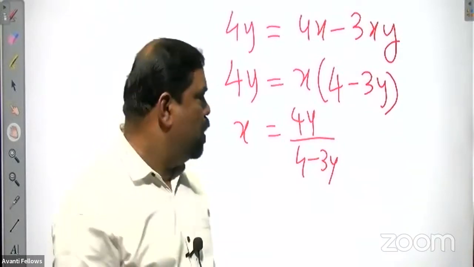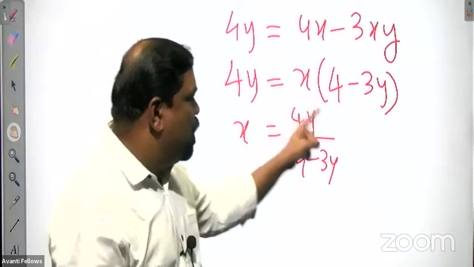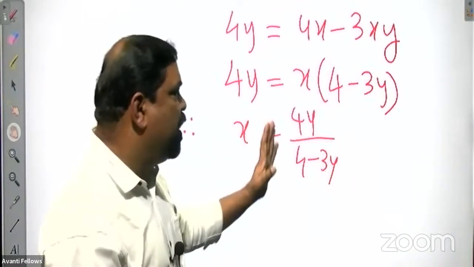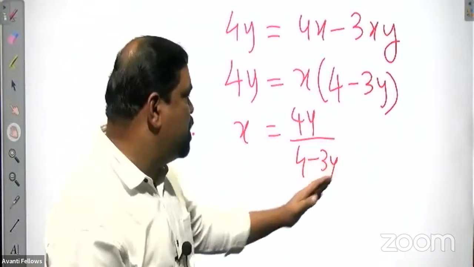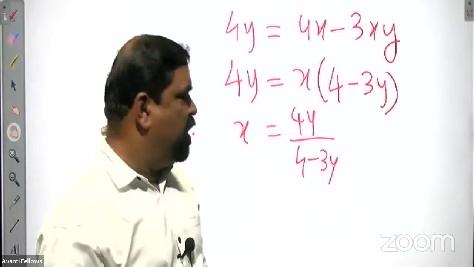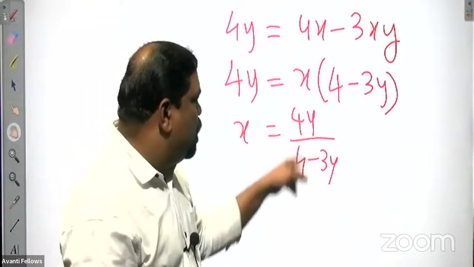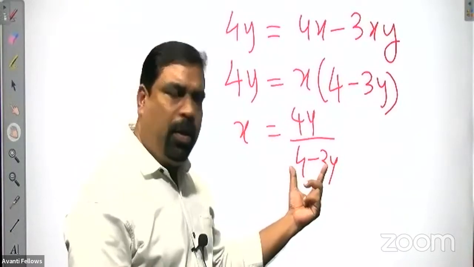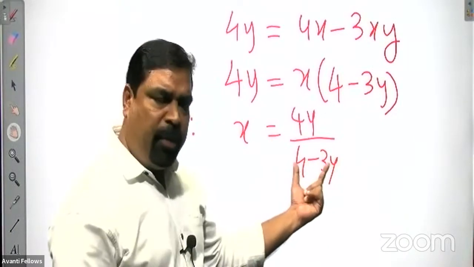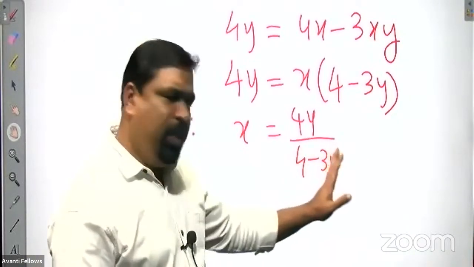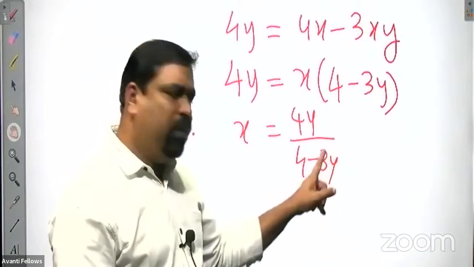Now you tell me, does this value always exist? Is it well defined in the domain, does it always exist in the domain? That's the question. So how can we check that? You just see the expression. The denominator is 4 minus 3y, so very clearly the denominator cannot be 0. That means 4 is not equal to 3y.